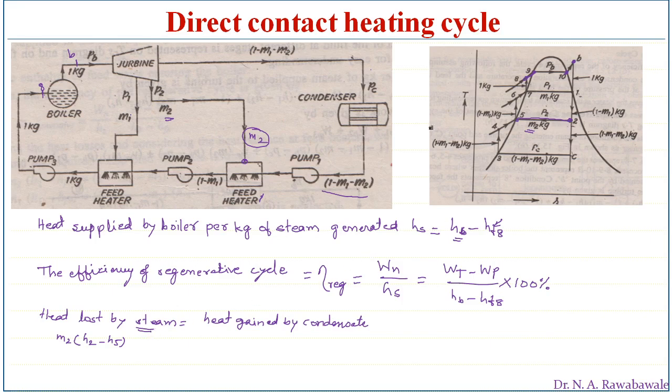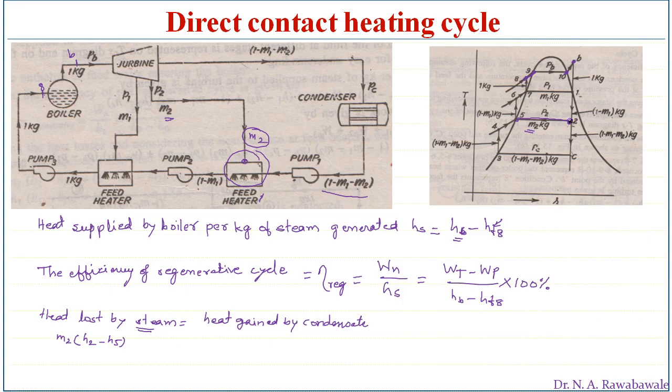In this feed heater 1, M2 kg of steam enters, whereas 1 minus M1 minus M2 kg of feed water enters.